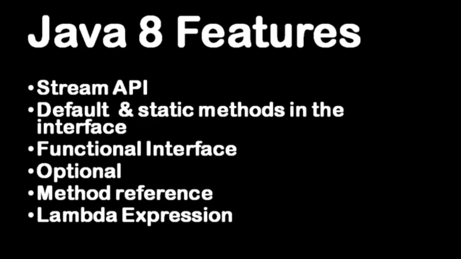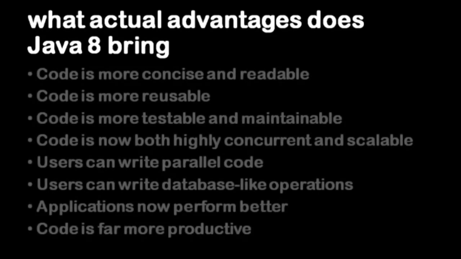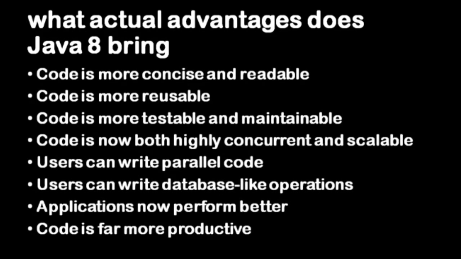So the next question is, what advantages does Java 8 bring? Here are a few advantages that I personally feel Java 8 brought in. The code is more concise and readable now, more reusable, easily testable and maintainable, and both highly concurrent and scalable.